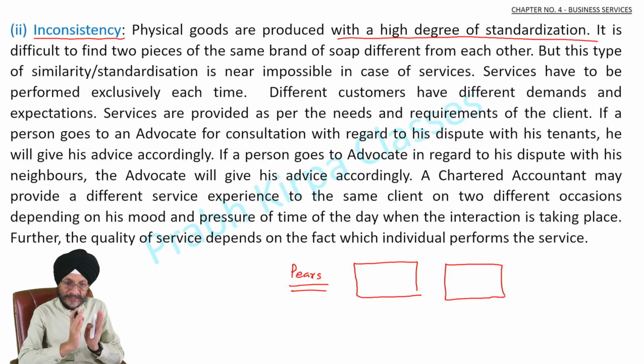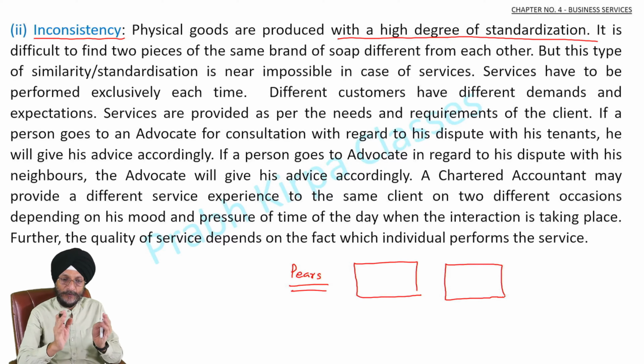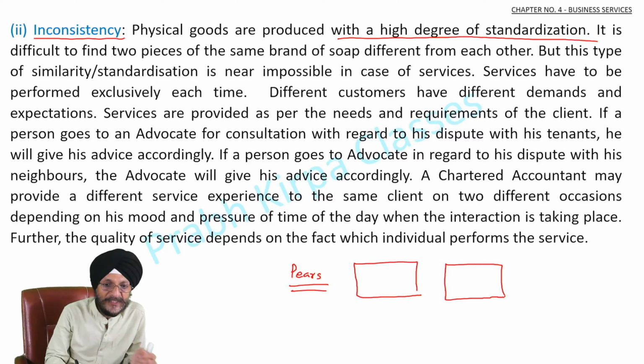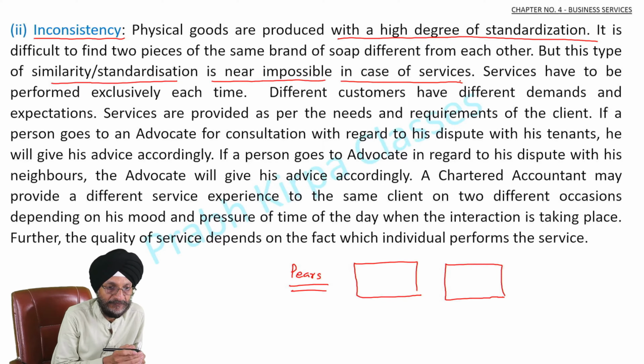Its color will be same, its smell will be same if you buy the same type of product, because the companies produce the same product with high degree of standardization. We will not find that the Pears soap is having different types of shapes if it is of same color or same quantity. But this type of standardization or similarity is not possible in the case of services.